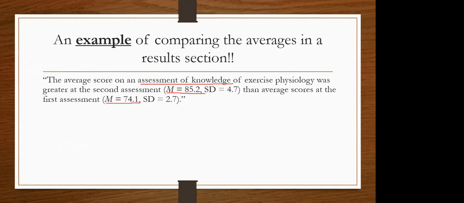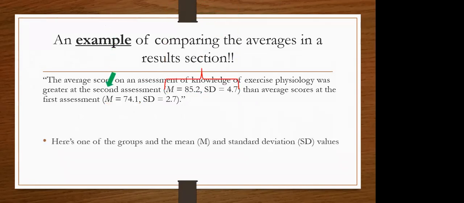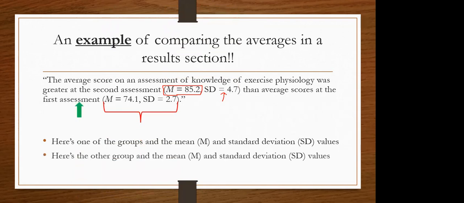Here's one of the group means and the standard deviations. That M right there, that's the mean. And here's the standard deviation. Here is the other mean and the other standard deviation, same deal.